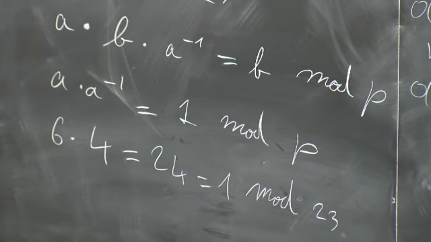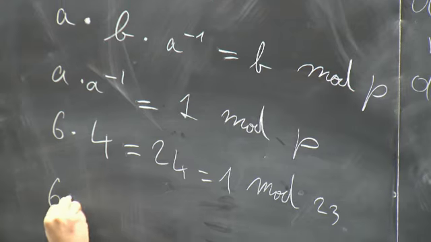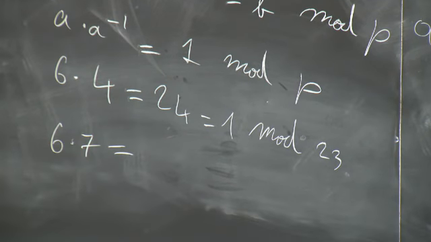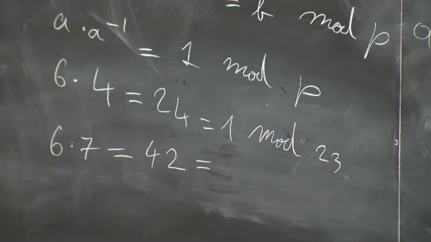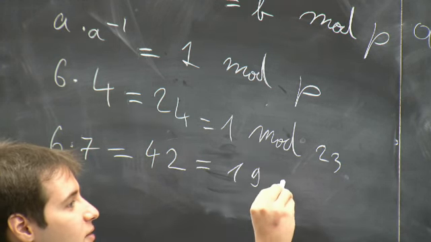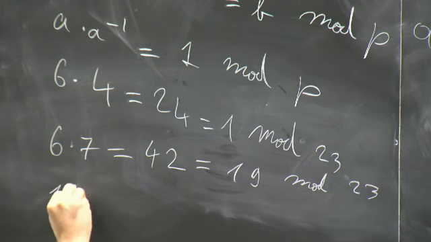Now let's see if this magic really works, this math magic. So 6 times 7 equals 42, which is what mod 23? Computer guys. Minus 4, so 5. Just kidding. OK, now let's multiply 19 by 4.